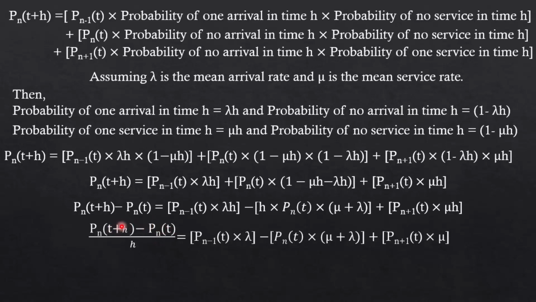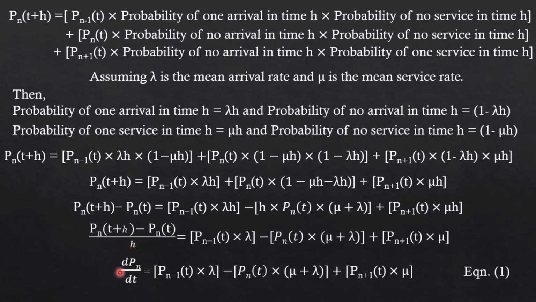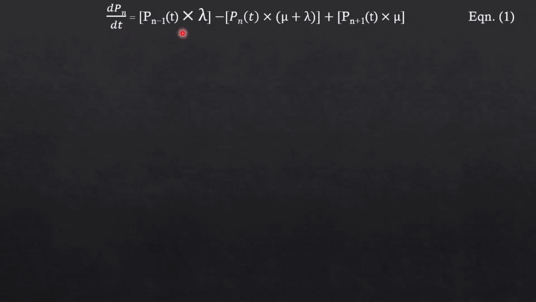This is the change in probability after a small interval of time h, divided by this time h, and this complete term can be given as the small change in probability, dPn, divided by the small change in time, which is represented by dt. We will name this equation 1.